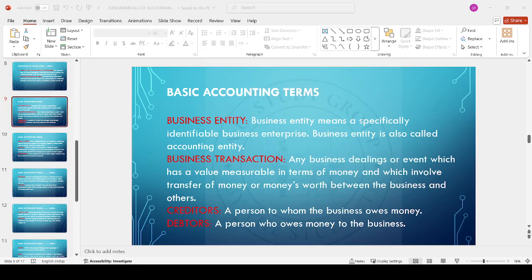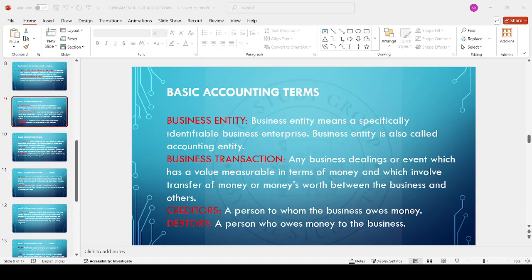Think of it as treating a business as a separate individual from its owner for accounting purposes. For example, if you own a bakery, the bakery is separate from you personally. When you are making accounts for yourself, it's your personal account. But when you are making accounts for the bakery, it's the bakery's account. So the entity is the bakery. That is a business entity.